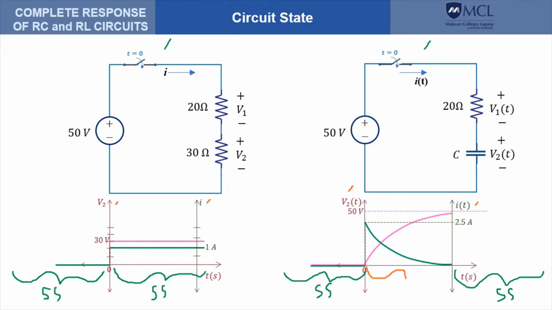Now, this time period here is the transient state because the voltages and currents are all varying with time. Now, how long this period lasts depends really on the values of the elements, like for example, the capacitance of the capacitor and the resistance.